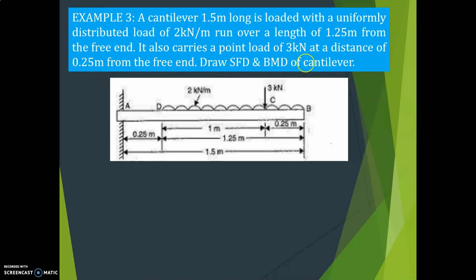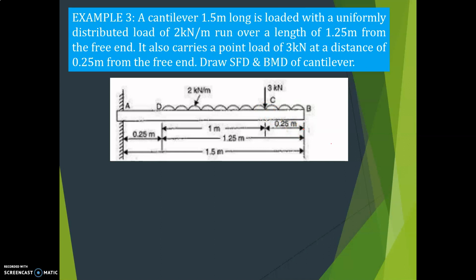Draw the SFD and BMD of the cantilever. Okay, this is a cantilever AB of length 1.5 meter, and here one UDL is acting, that is 2 kilonewton per meter. And here a point load, that is 3 kilonewton, which is at a distance of 0.25 meter.